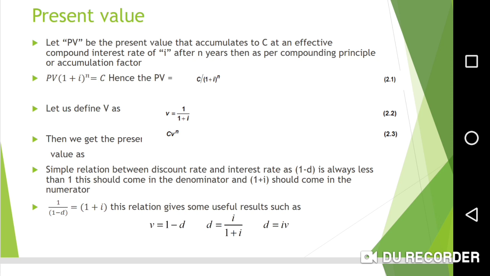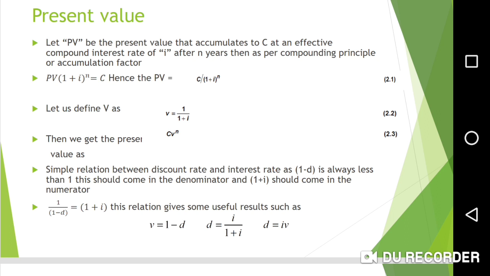Only when we divide by 1 minus d can we get a value higher than 100 rupees. If we multiplied by 1 minus d, we would get only the discounted price, which is not what we want to calculate. In the same way, if it accumulates at an interest rate of i, the value becomes 100 into (1 plus i).